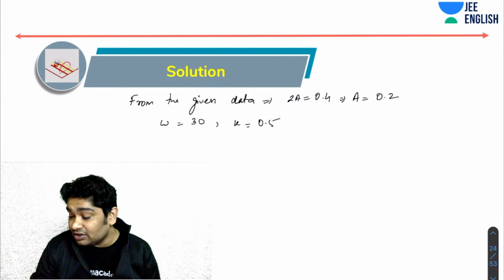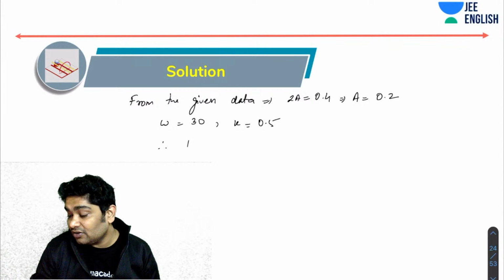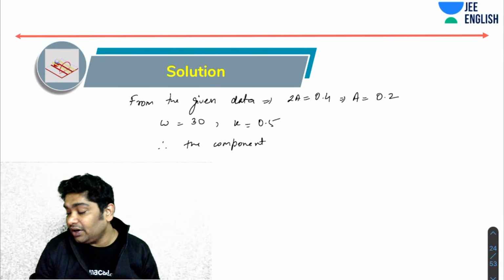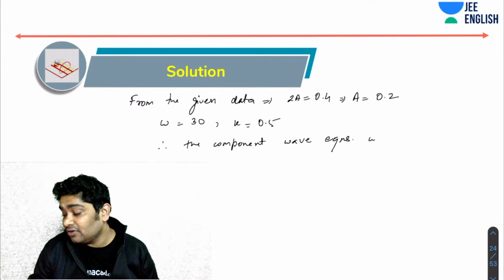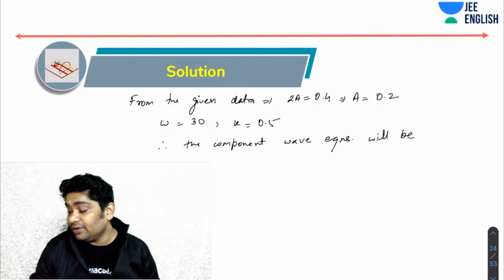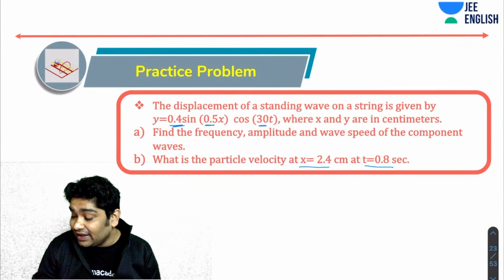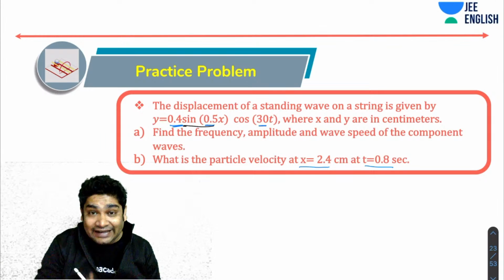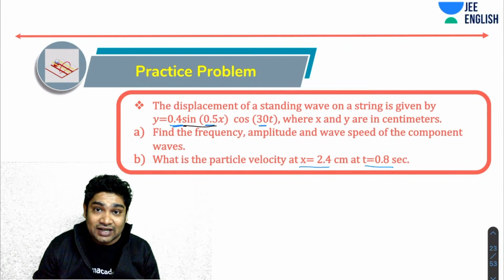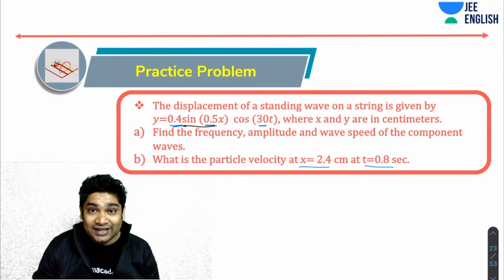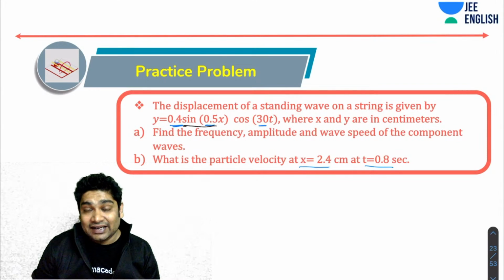Therefore, the equation of component waves will be, so you have sine in kx. Okay, when you have sine in kx, then you have one equation as a sine kx minus omega t, and you have minus a sine kx plus omega t.